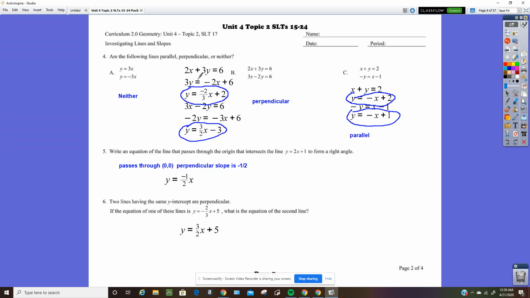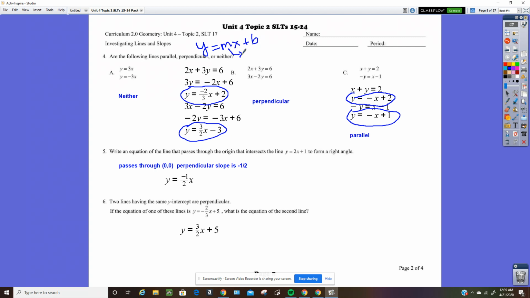Page 8: are the following lines parallel, perpendicular, or neither? Well, this is a slope of 3, and this is a slope of negative 3. Let me write the slope-intercept form up here at the top of the page. It's y equal mx plus b. So I got all these lines in this form, y equal mx plus b, where m is the slope and b is the y-intercept.